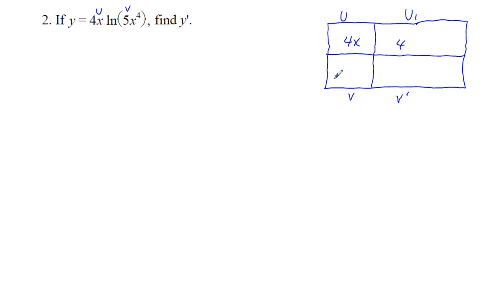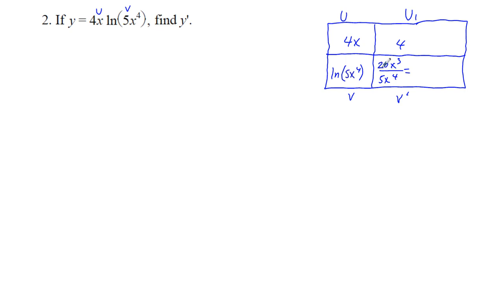And then v is going to be ln of 5x to the 4th power, and the derivative of this is going to be the derivative of the original, which is 20x to the 3rd power, over the original, which is 5x to the 4th power.